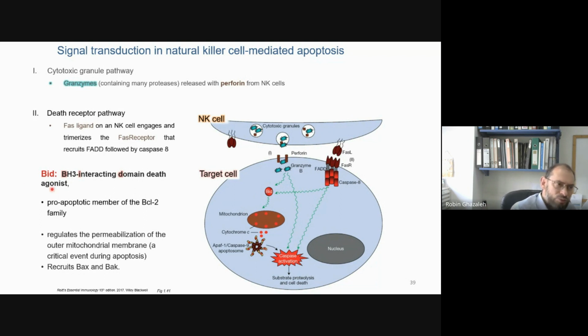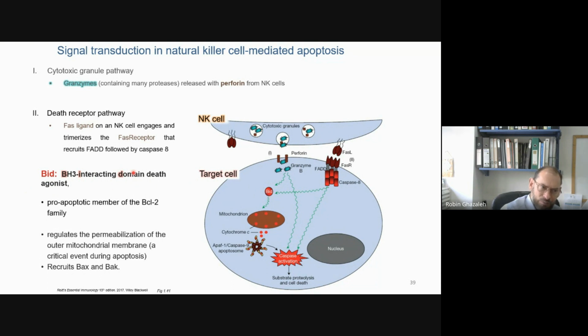BID stands for BH3 interacting domain death agonist, and it's common that we have unusual names, and sometimes these names are indicative or meaning something, but commonly they are an acronym derived from some description of what we know about the function of this protein.